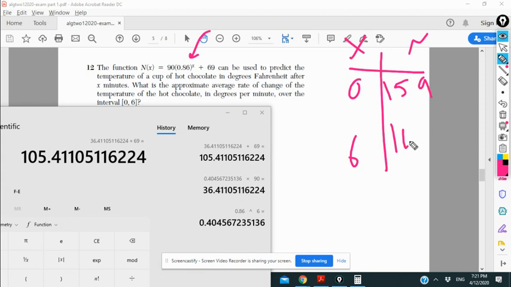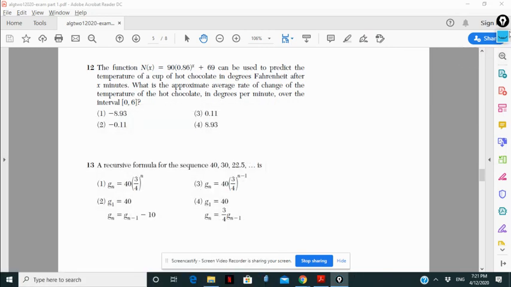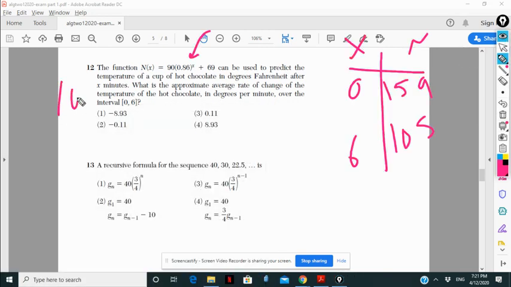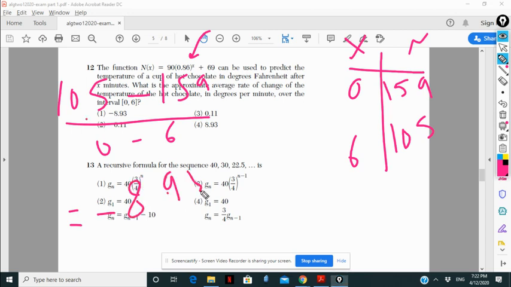So now the rate of change is going to be 105 minus 159 divided by 0 minus 6, giving me a negative value, which is negative 8.93. So the answer is 1 for 12.